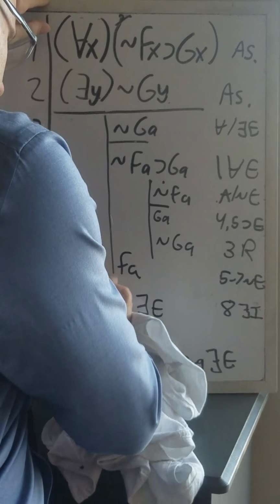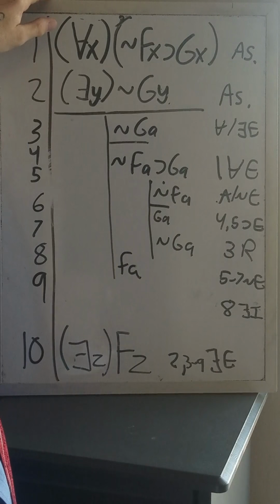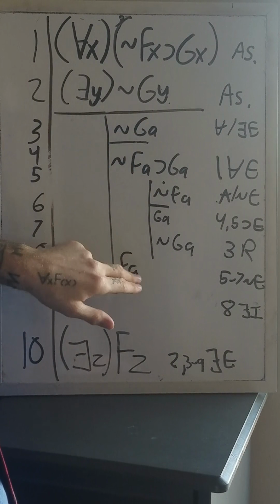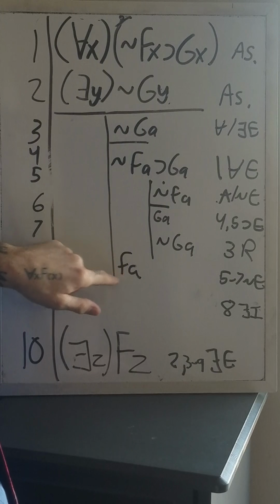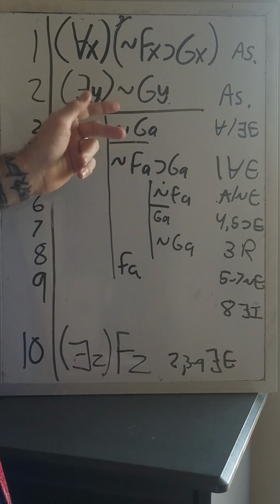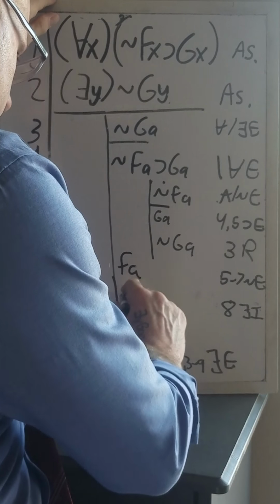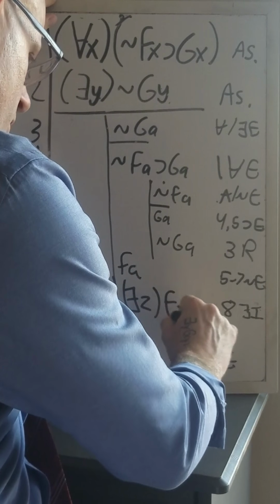Even though it would get you to the same place, it's not following the rules of this system. You can't use existential elimination to get out of here a formula that's got the constant that you started the subderivation with. All right. So there we go.